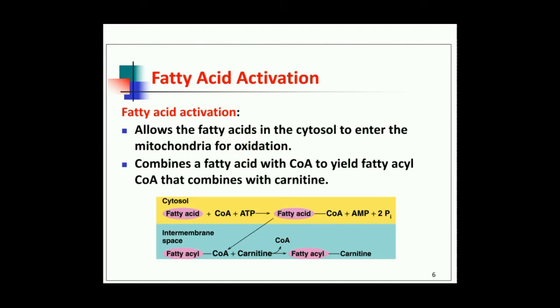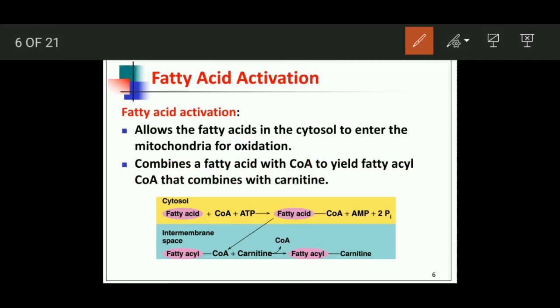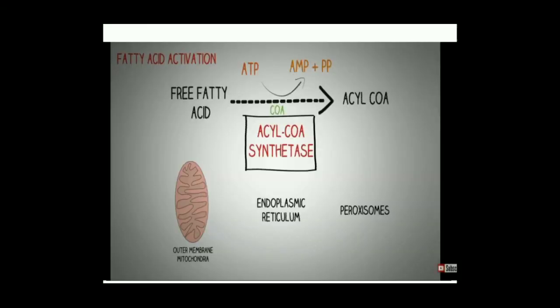It combines a fatty acid with coenzyme A to yield fatty acyl coenzyme A that combines with carnitine. This carnitine is an important term guys, we will discuss later on also. Now let's move on.